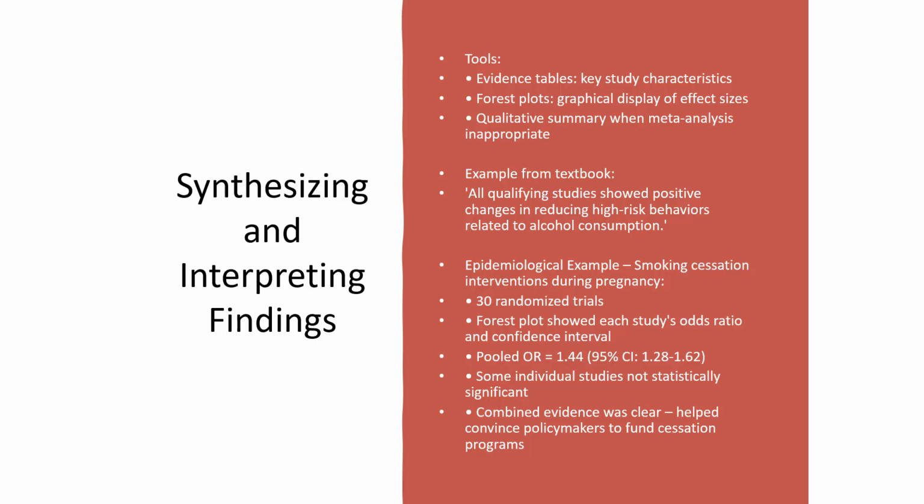They were not statistically significant on their own, but when you look at the diamond at the bottom, the pooled odds ratio was 1.44 with a 95% confidence interval from 1.28 to 1.62, clearly favoring the intervention. The forest plot made this pattern visually obvious.